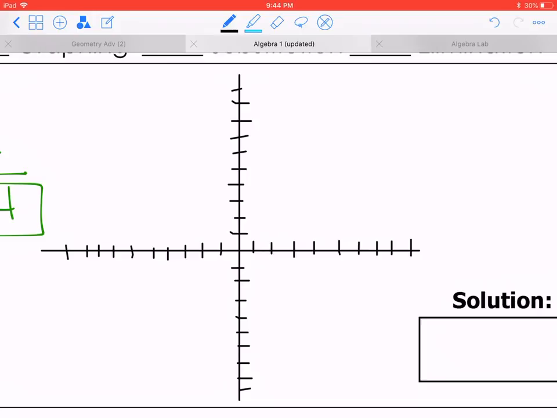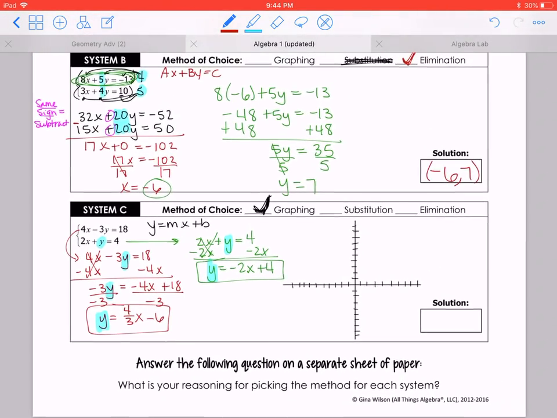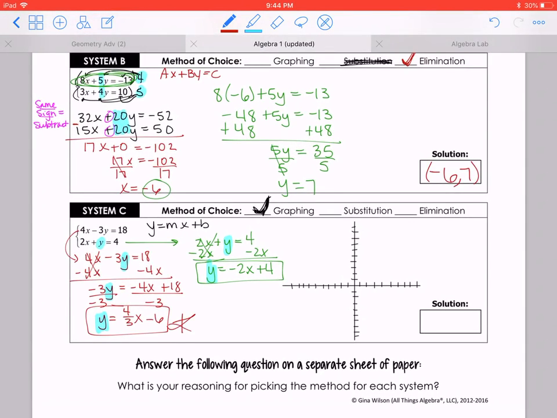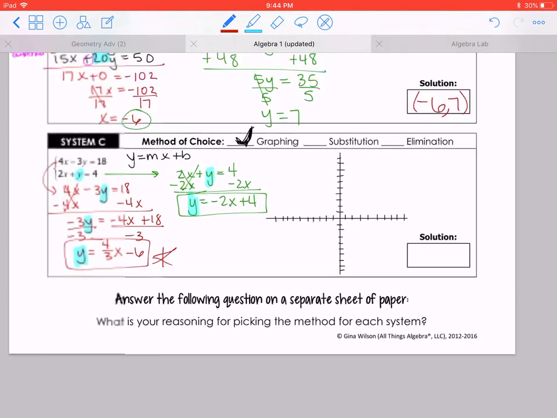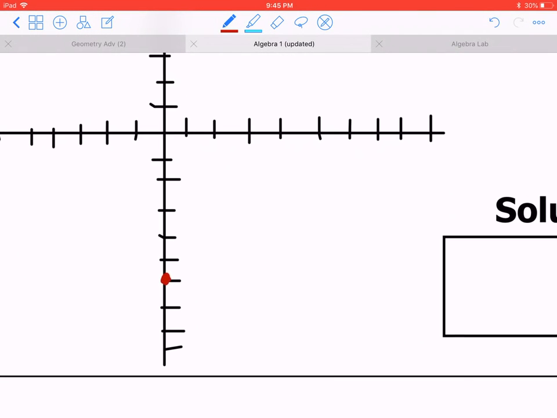Okay, so notice my lines can't be perfect, and that's why this is going to be hard to tell exactly where they're intersecting, and that's why graphing is one of the less useful methods. So I'm going to do this one first to make sure you start down at -6. So 1, 2, 3, 4, 5, 6, and then I'm going to go up 4, right 3.